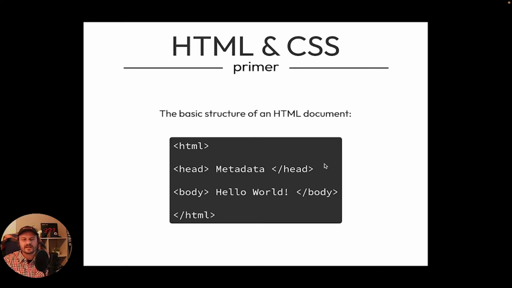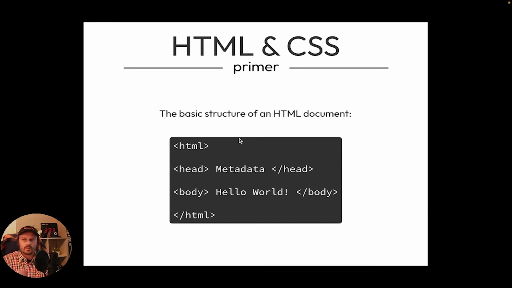It has head in it, and it also has body. If I could have indented these two lines, you'd see that head and body are nested inside of the HTML element, between this tag and this ending tag.